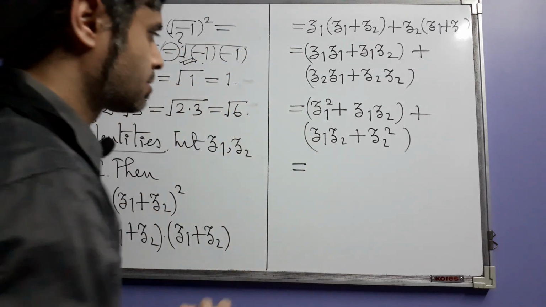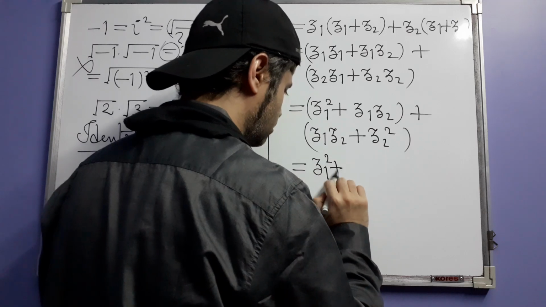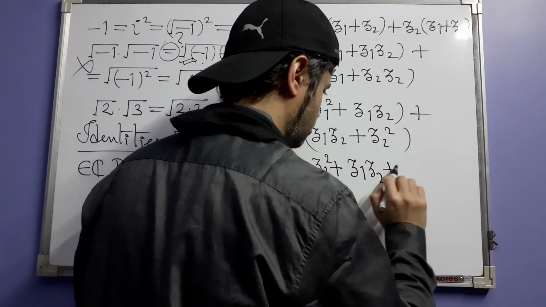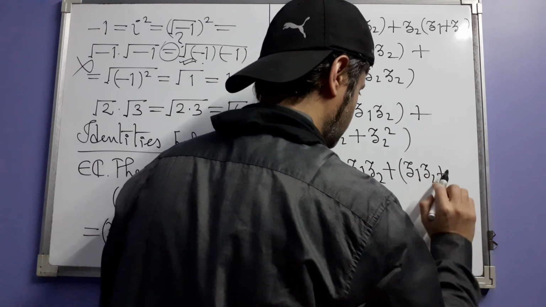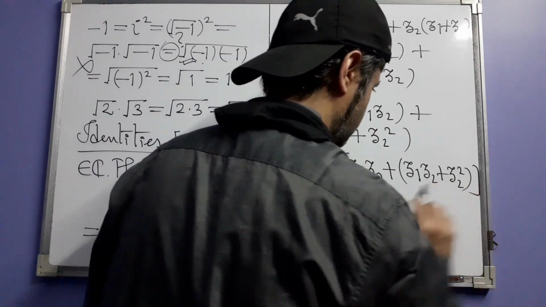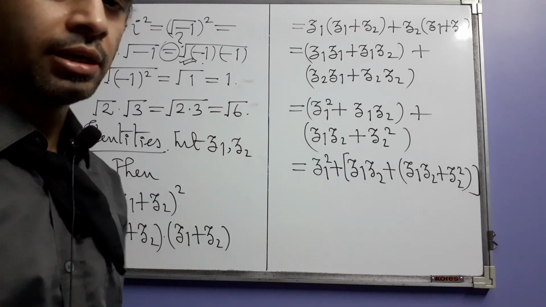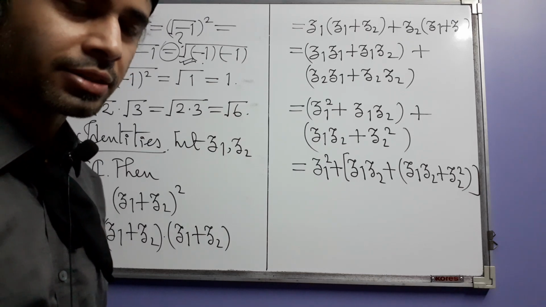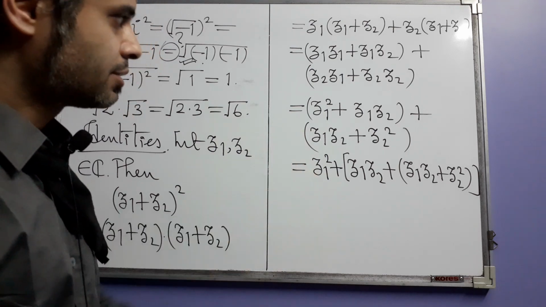At the very next step you write this. You may be dying to write 2 Z1 Z2 here, but what is the justification? There should be some reason for that, no? How can I write this in place of this?